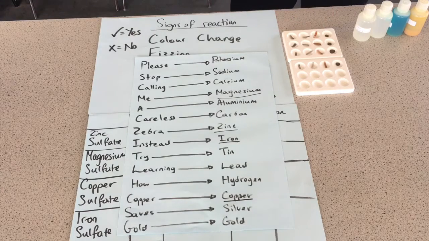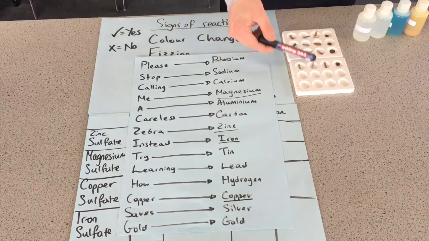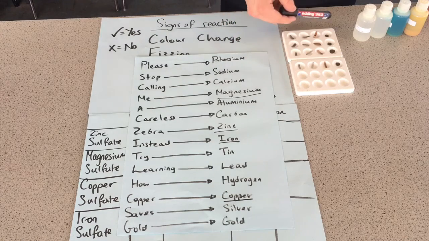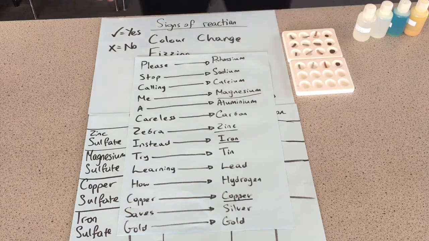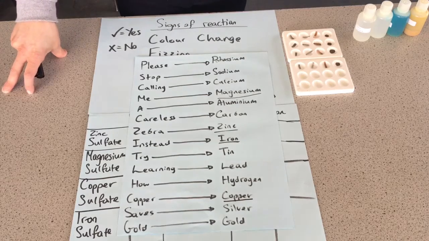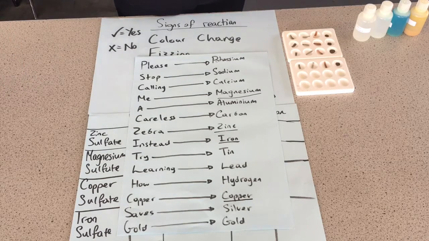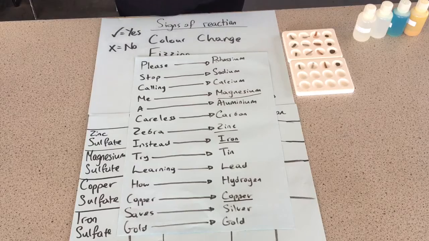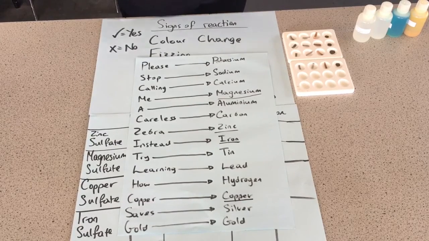I've set the well plate up. You'll notice that, to try and control variables, I've got roughly the same amount of each metal. Obviously the iron's a bit more difficult because it comes in little powder-like filings.